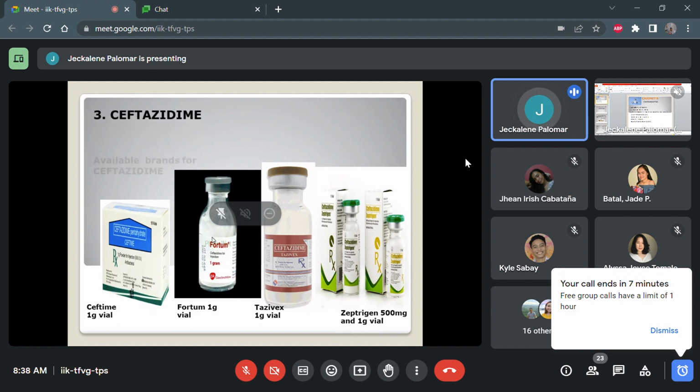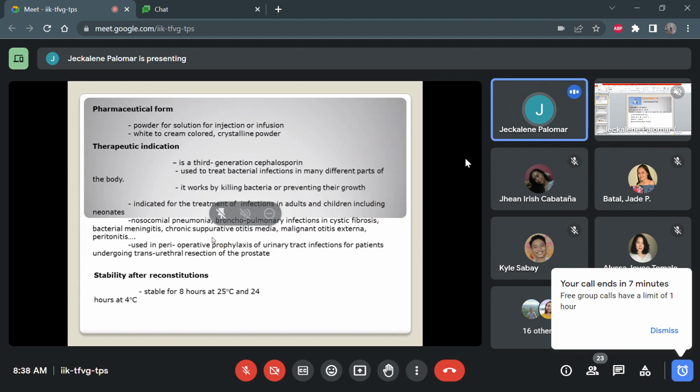Examples of ceftazidime are the following: Ceftan 1 gram, Fortum 1 gram, Fortum 2 grams, Acefex 1 gram, Ceftriaxone 1 gram, and 500. So the pharmaceutical form of ceftazidime in general is a powder for solution for injection or infusion. It is a white to cream colored crystalline powder.